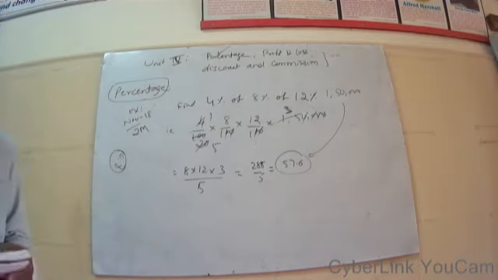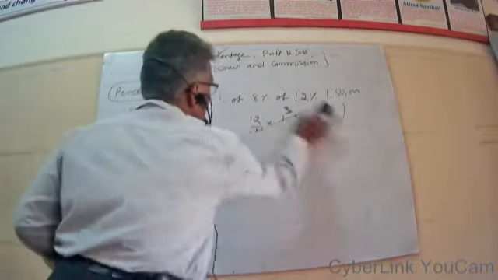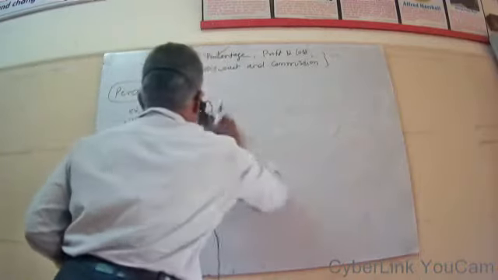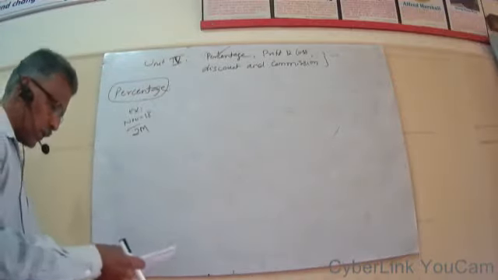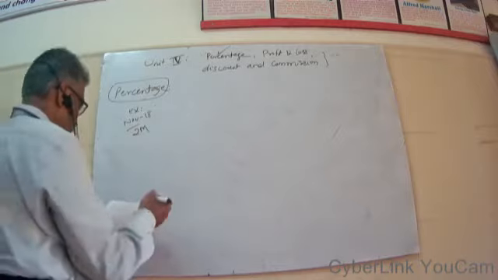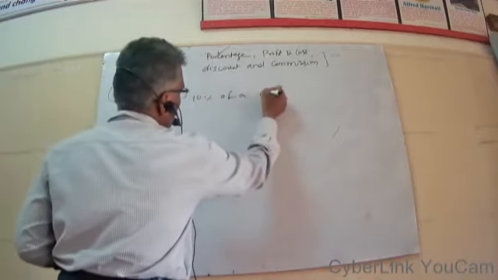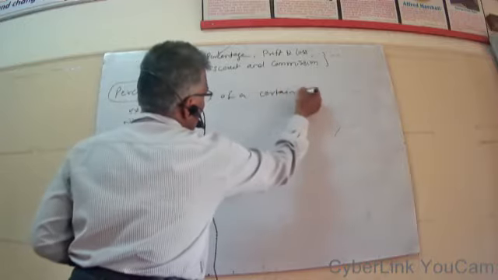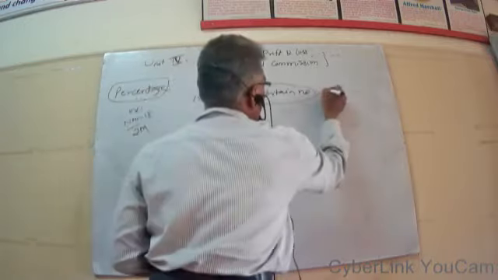Similarly, 10% of a certain amount is 250. Find the amount. Next is this; I will take this up and complete today. So 10% of a certain number is 250.